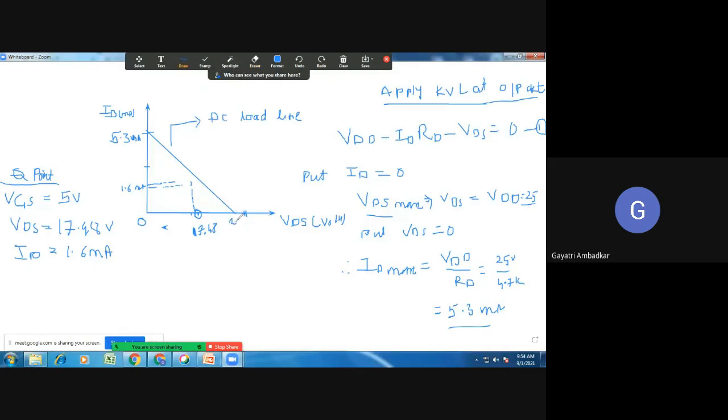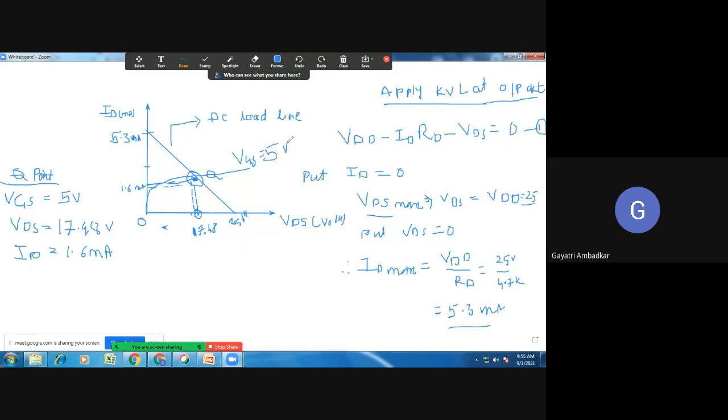Here I will write 25 volt. The point on the line where both intersect is called the Q point. This is the location of your Q point. Got it? If you want to draw the curve, it will be for VGS equal to 5 volt, because you got VGS as 5 volt. So this curve is for 5 volt.